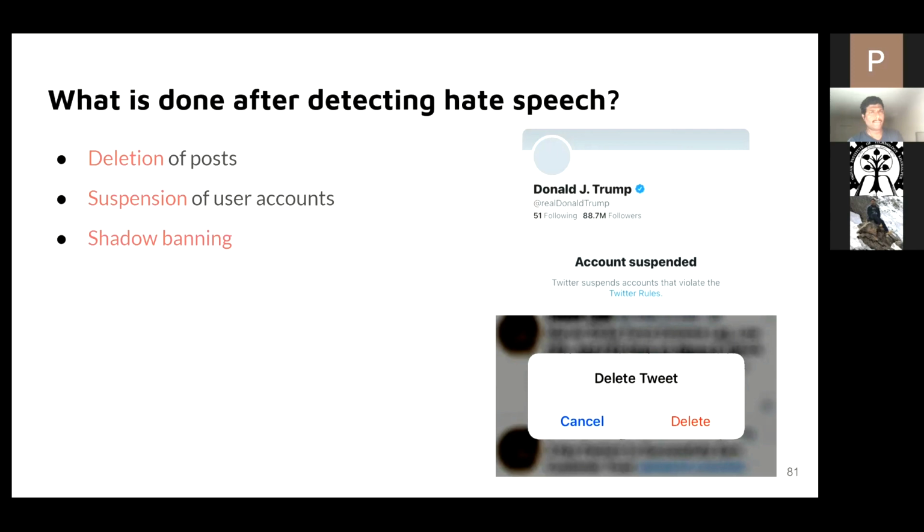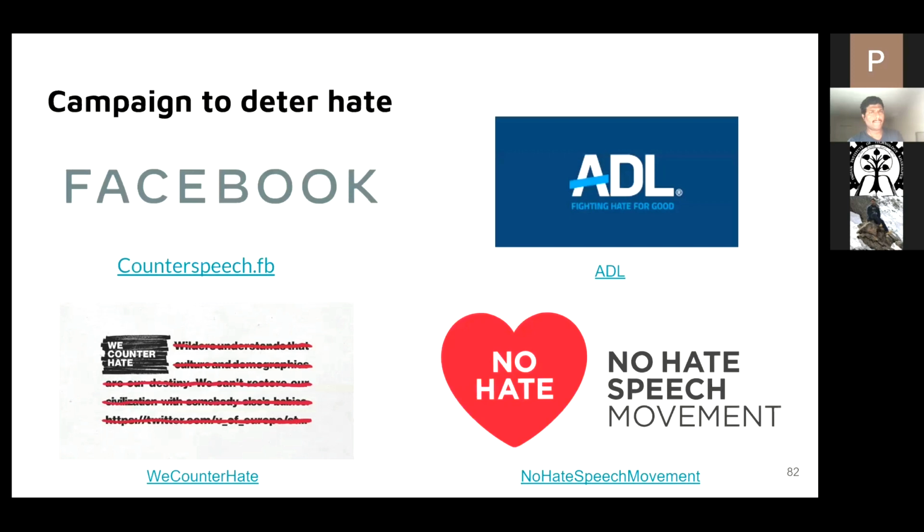These include the deletion of the post, the suspension of the user account. You could do shadow banning or other options as well. These things we have already seen. But there are several issues associated with these options, the foremost of them being the clash with freedom of speech. So there are alternatives that are coming up.